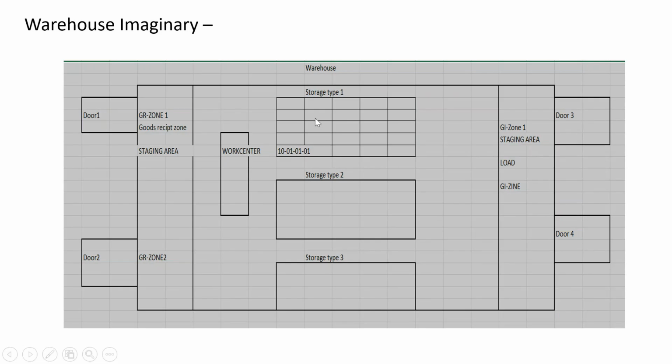And if you want to supply the product, suppose we want to pick rice bags, we can easily pick from here, and the stock will be shown in the system, and the system will suggest from which bin we should pick. So currently I have a stock here. I'll pick it and I'll stage it here. And then I can load it into the vehicle.